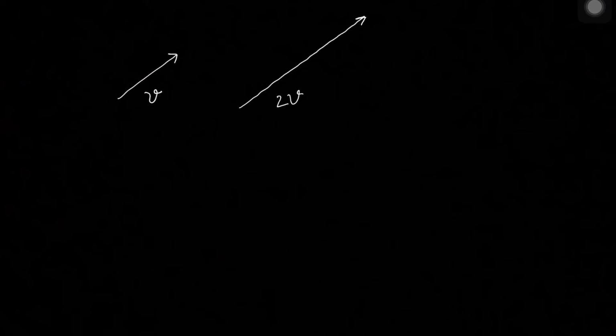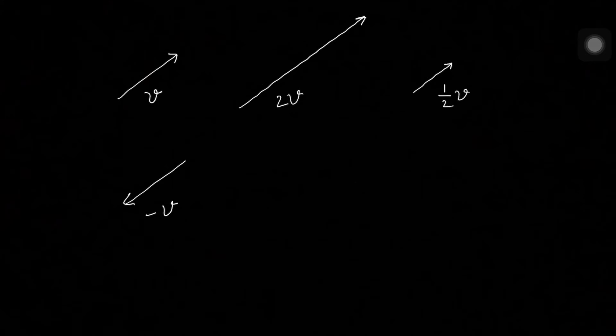If you multiply with half v, it will be the same vector but half of this length. This is minus v. You have the same vector, same magnitude, but the direction is opposite.